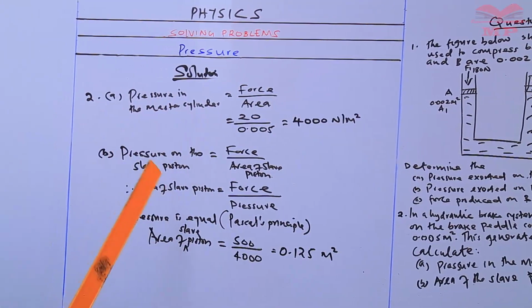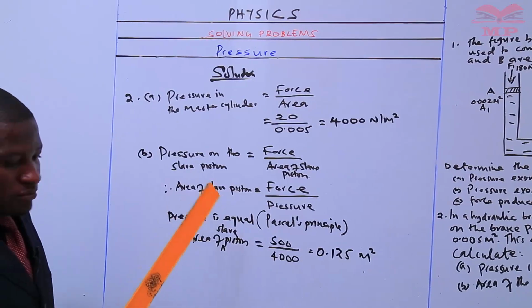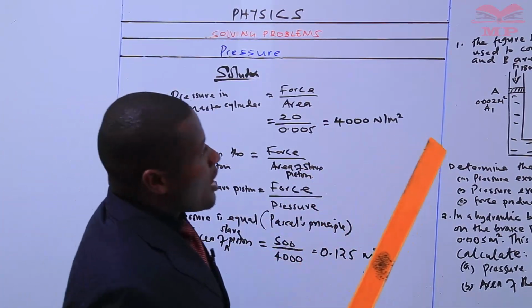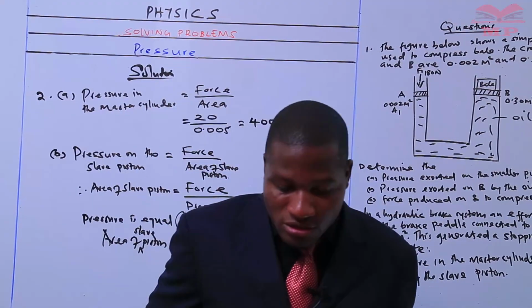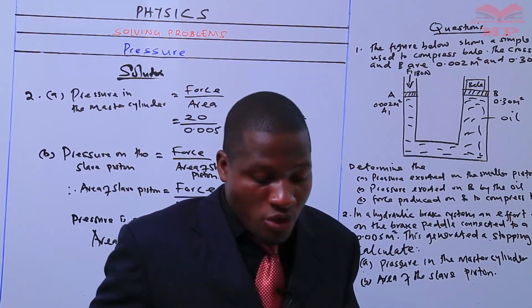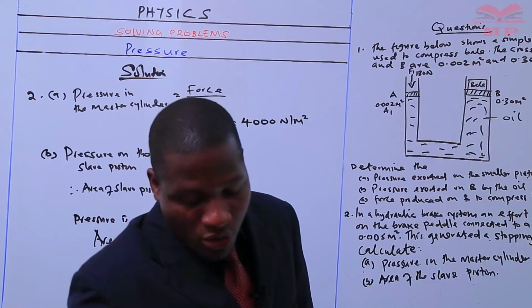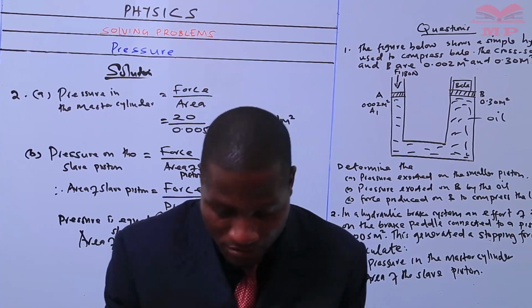We have done part A and part B. So I would like to give you an assignment that you may try to understand, or you may work out using this principle or the examples that I have given.